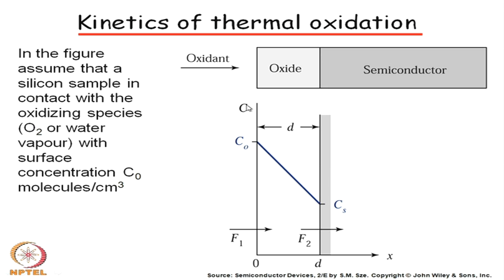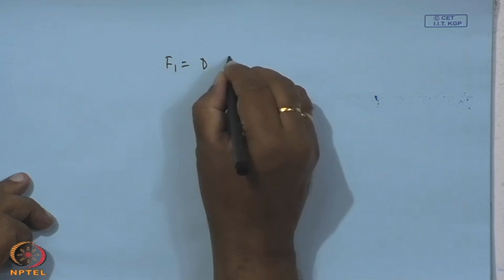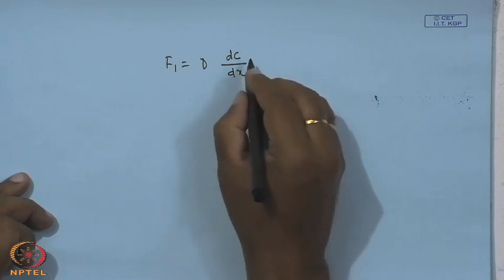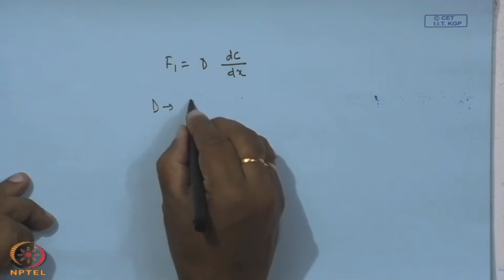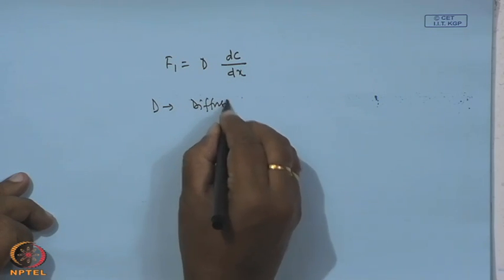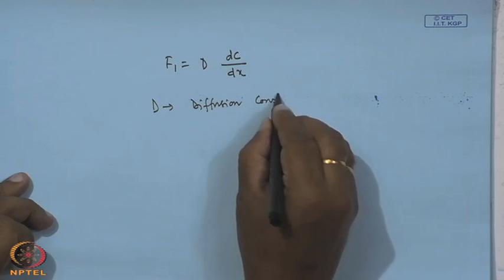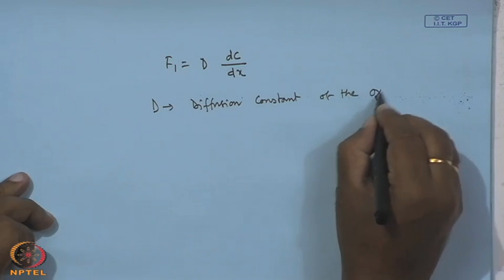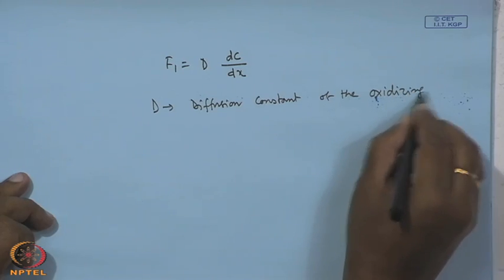Now, with this idea, let us consider that F1 is the flux, which equals D dC by dx, where D is the diffusion constant of the oxidizing species.